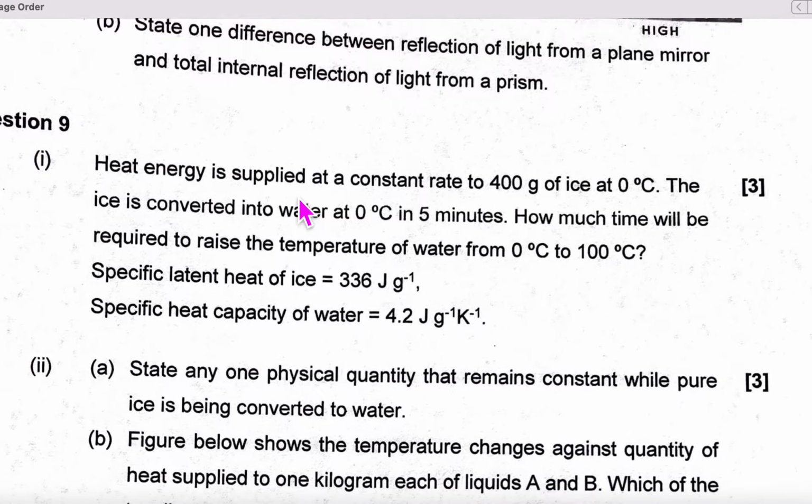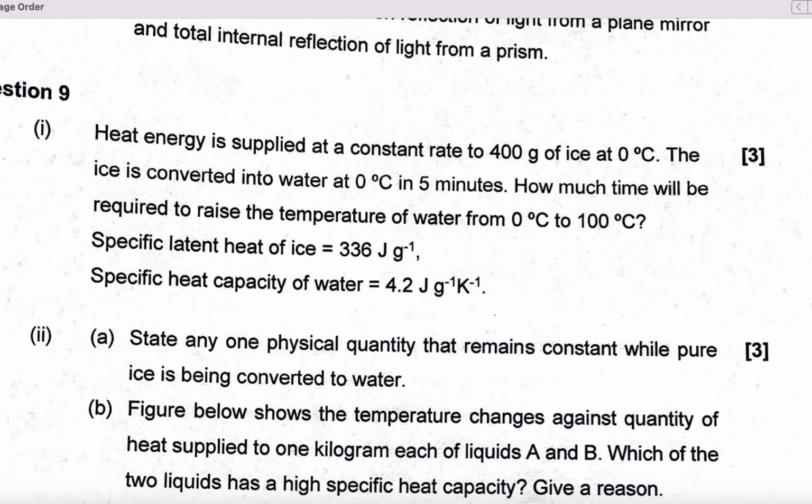Okay, now the only thing we have to do is this. This is going to be a little annoying for you. So there is the heater, so power and time, and this is ice.